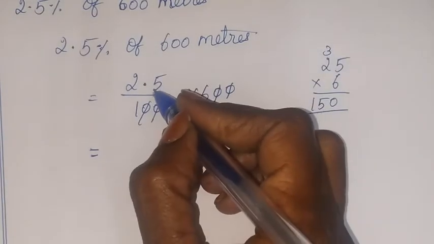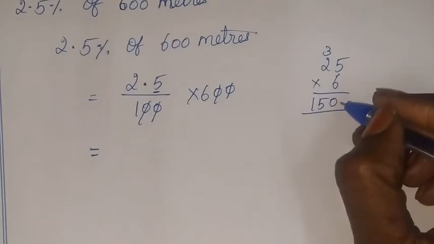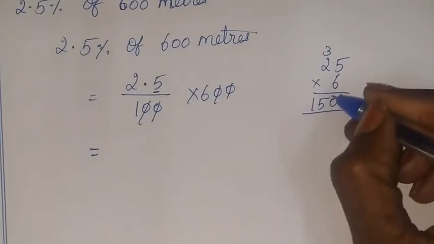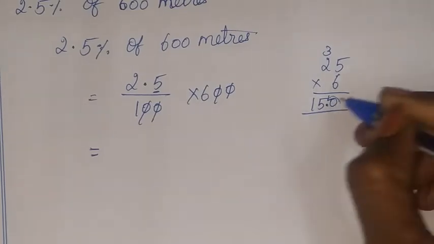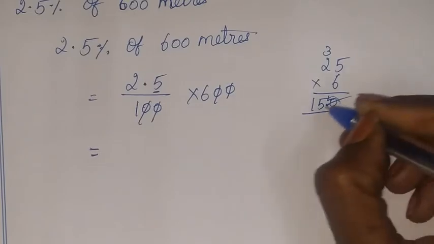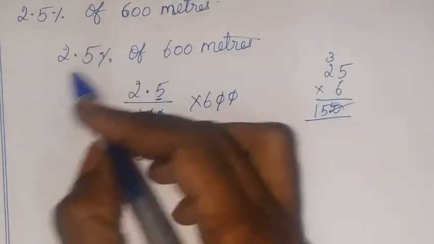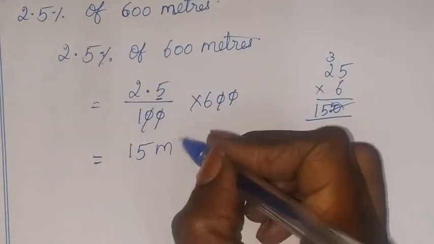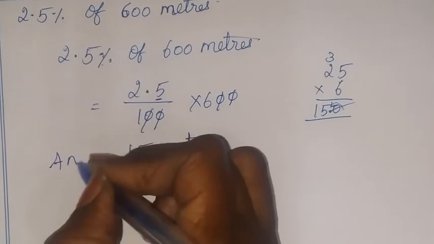Now we have to place the decimal point. There is only one decimal place after the point, so from here we move the decimal point one place backward. So the decimal point should be here. And after the decimal point, if there is 0, we can leave that 0. So here the answer is 15 meters. So 2.5% of 600 meters is 15 meters. This is the required answer.